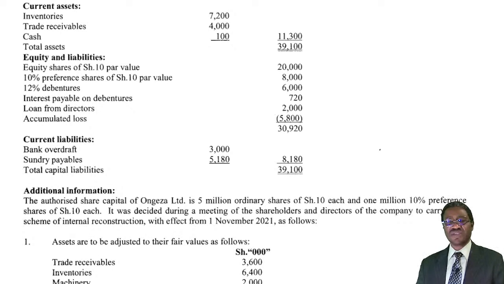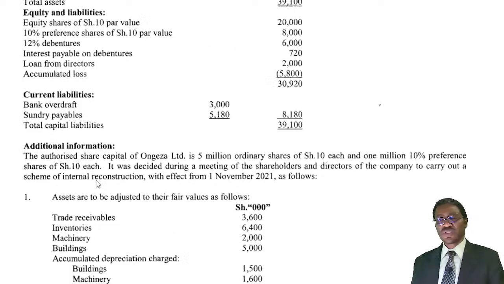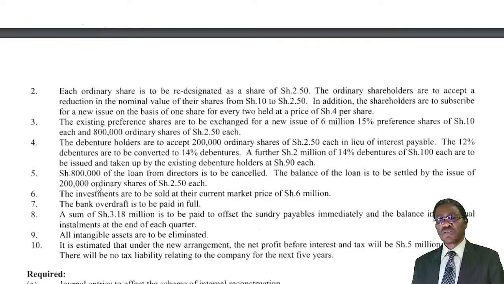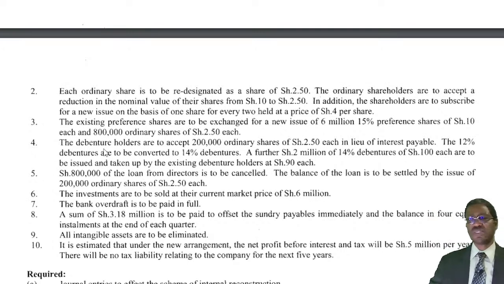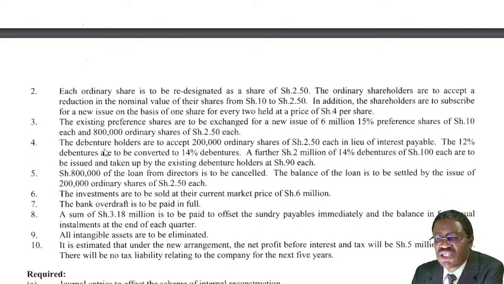Then they are saying number 4, the debenture holders are to accept shillings 200,000 ordinary shares in lieu of debenture interest.